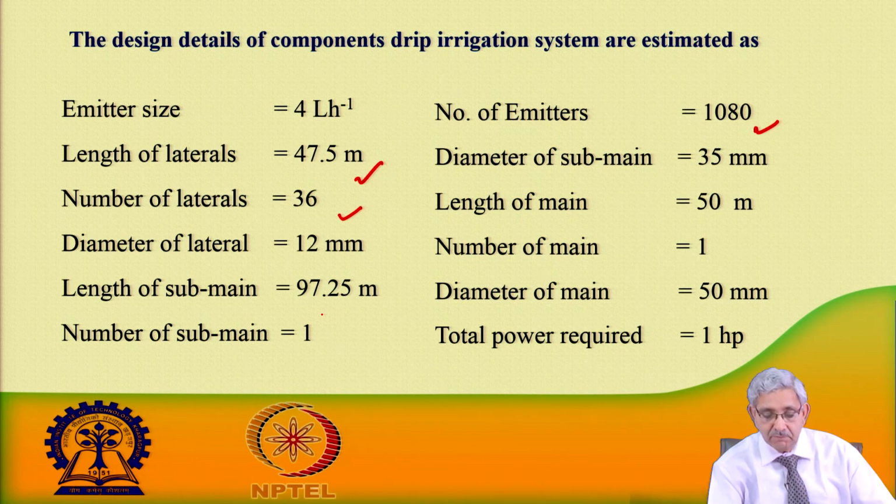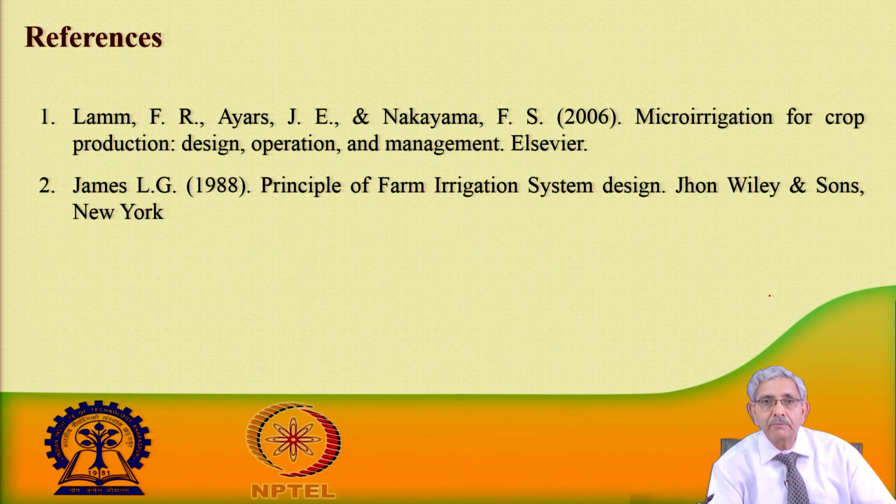The length of the submain is 97.25 meter, which is of 35 millimeter diameter, and the length of the main pipeline is 50 meter, which is of 50 millimeter diameter, and the horsepower requirement of the pump is 1 HP.